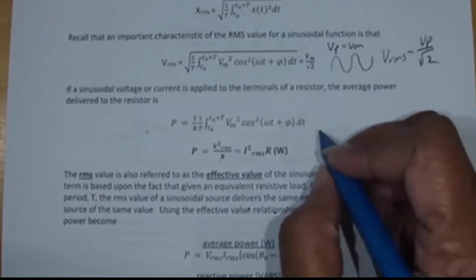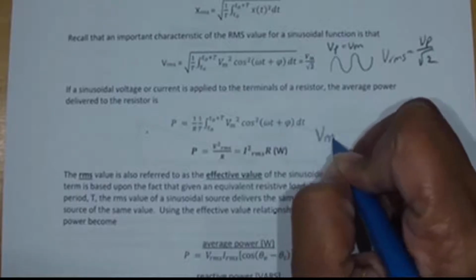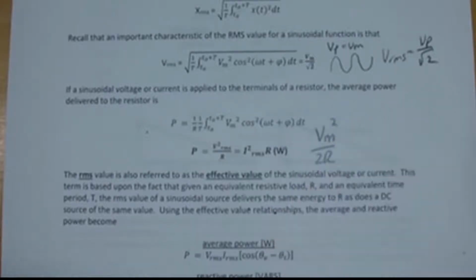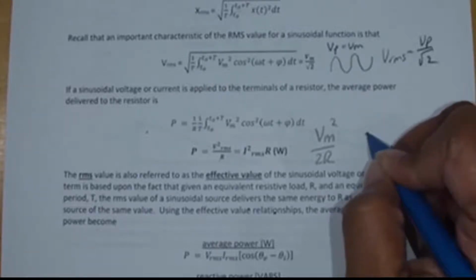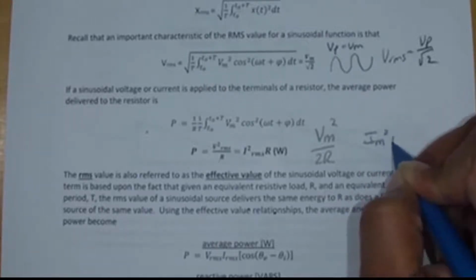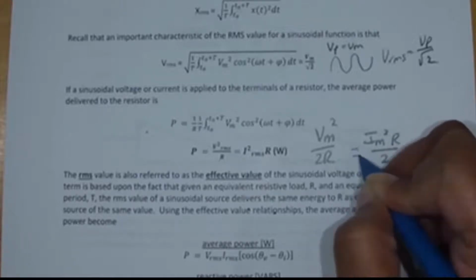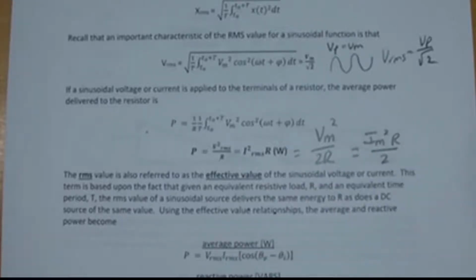If I gave you the voltage as a peak, it would be Vm squared over 2R, which obviously converts into VRMS squared over R. Or it would be Im squared times R over 2. So if it's RMS values, it's VRMS squared over R, IRMS squared times R. If it's peak values, it's the magnitude squared over 2R, or the magnitude squared times R over 2. Is everybody okay with that?